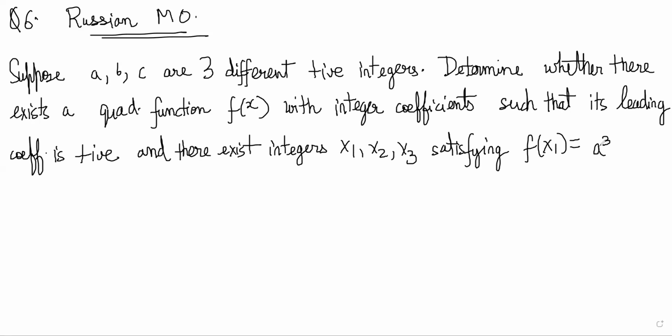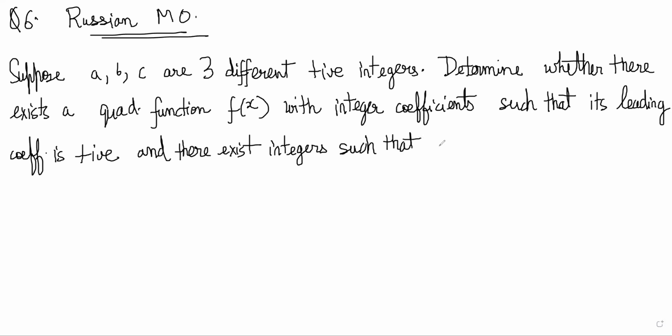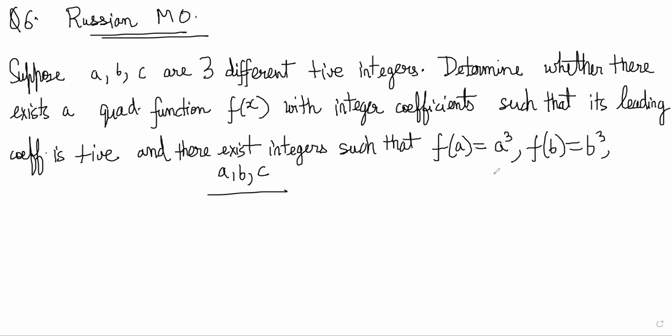I think it is not f of x1. There exist integers a, b, and c such that f of a is a cube, f of b is b cube, and f of c is c cube.